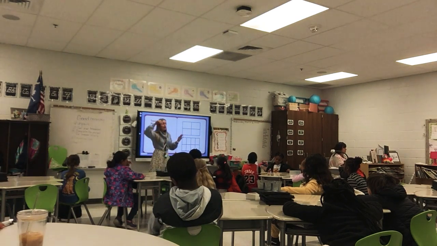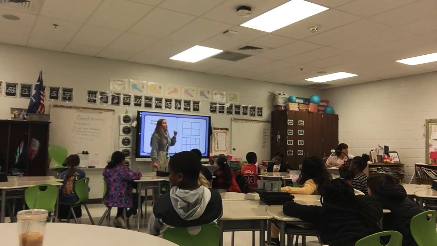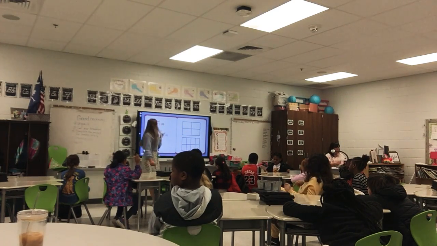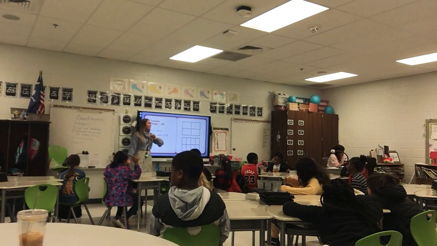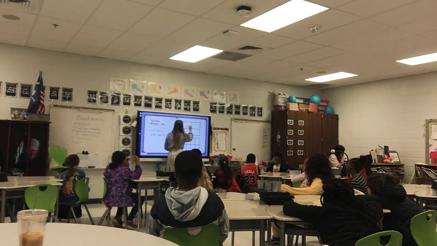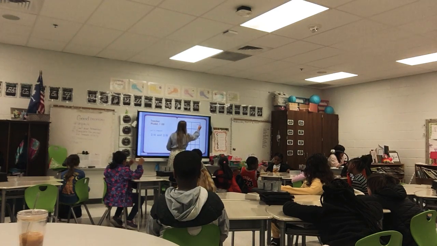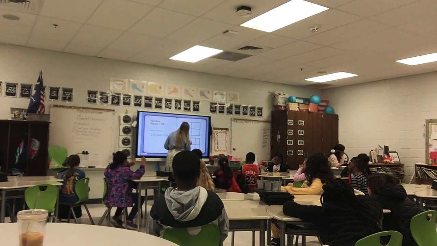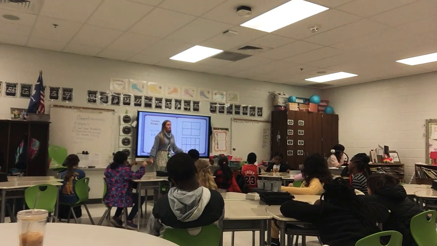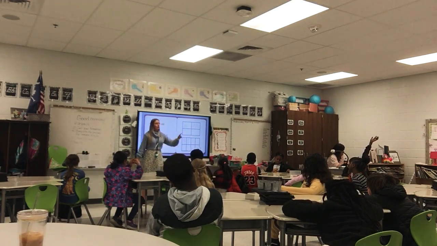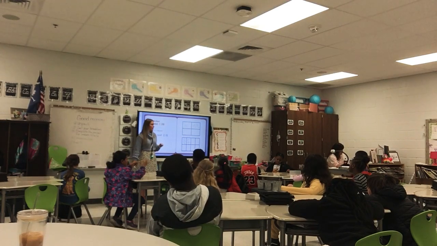So we're going to shade in these models. So our numerators are the same. So how many pieces should I shade in for both models, Haley? 2. So I'm going to do a quick shading. So which model has more pieces colored in? Joshua? Both of them.